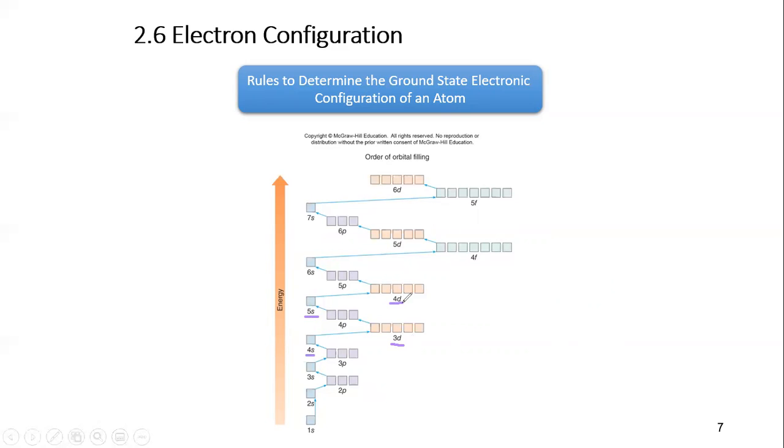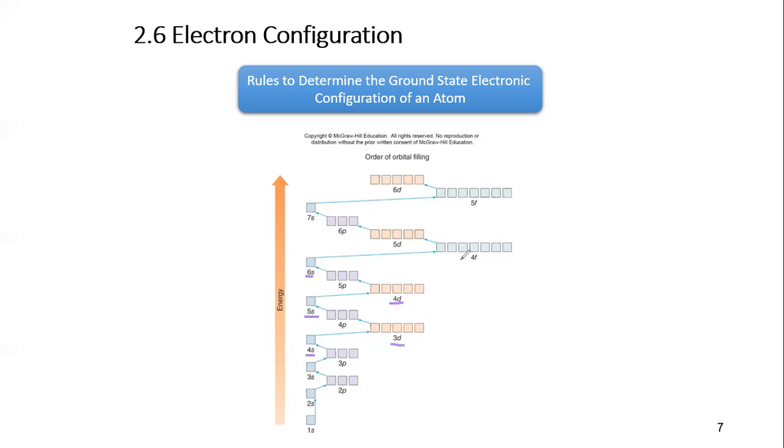Once you get to the fourth row on the periodic table, the s orbital for that row comes before the d orbital of that row. So the 3d orbital comes after the 4s orbital. When we look at the periodic table, I'll show you how you can identify this filling within the periodic table. Then we look at 6s.